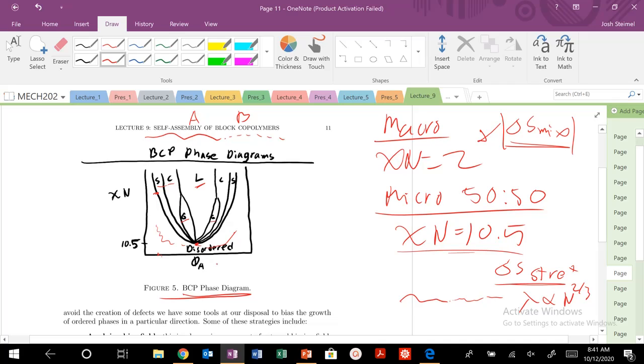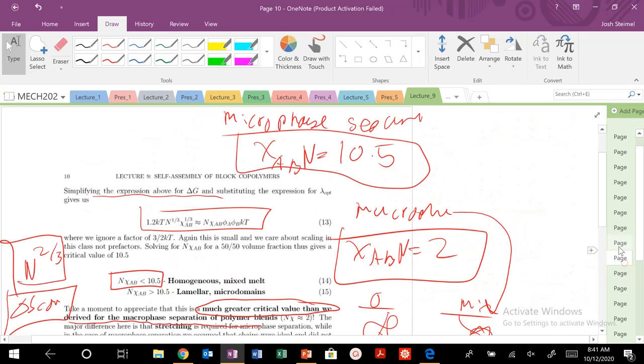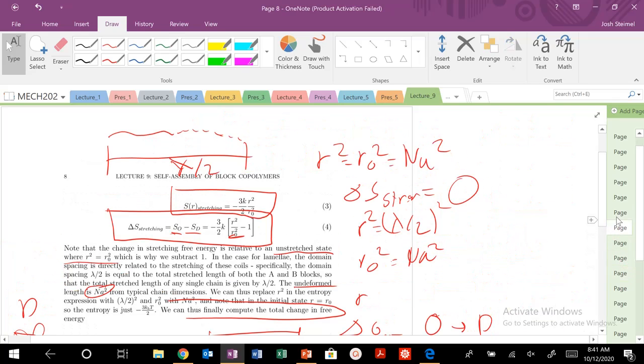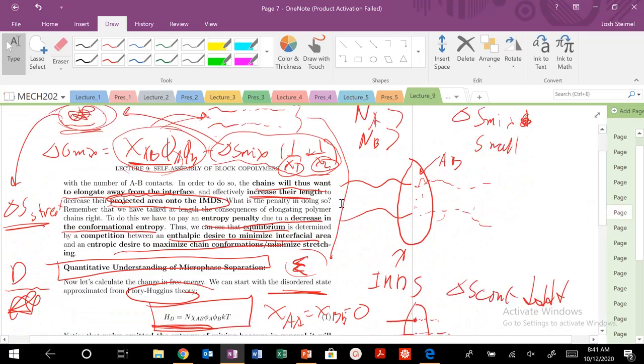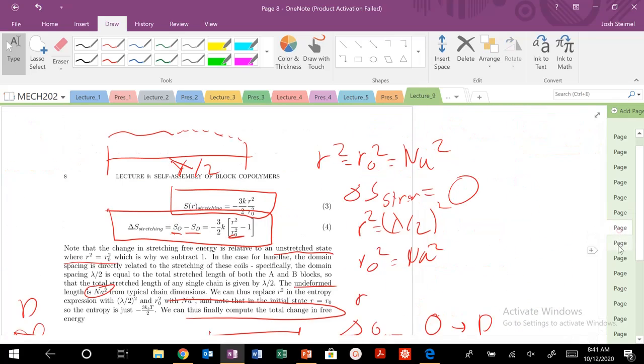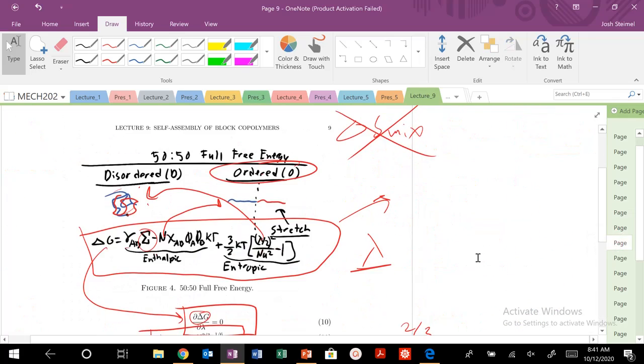Well, let's go back and consider what the free energy contributions were that led to microphase separation in the first place. I like this figure here, if I can find it. Right here. We said the push for the disordered state is the stretching term, and the push to be ordered is this enthalpic term, the number of those AB contacts.